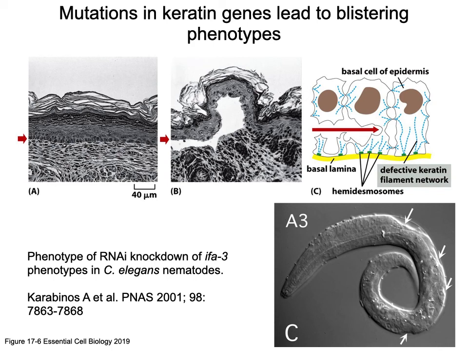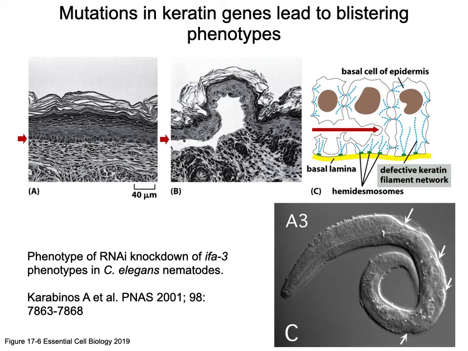So if we have a mutation to the keratin genes, what ends up happening is that we don't get attachment of that epithelial layer. So we can actually get this shearing off of the epithelial layer. And so here we can see A would be a normal tissue, and then B is the mutant.